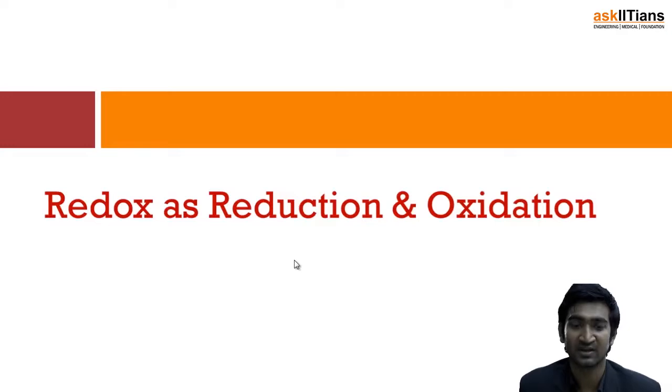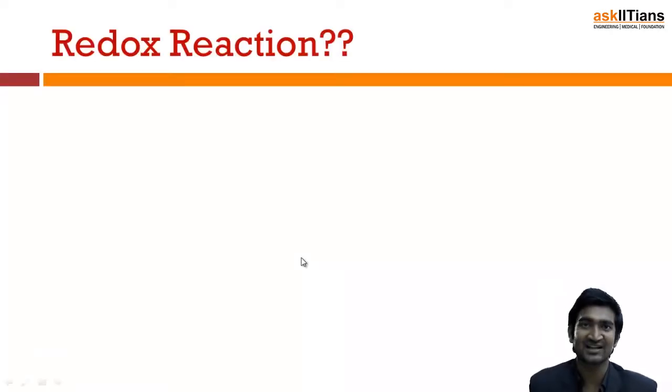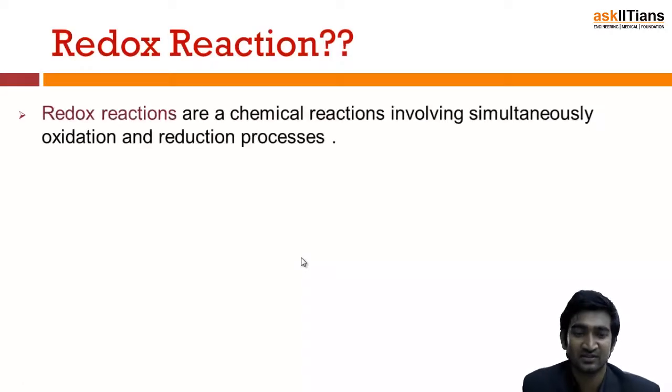So how is it a combination of both these processes, and what are these processes, we'll learn in detail now. So what exactly is a redox reaction? These are chemical reactions which involve simultaneously the oxidation and reduction process.